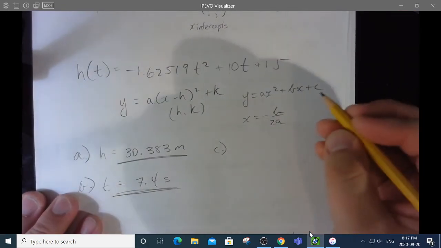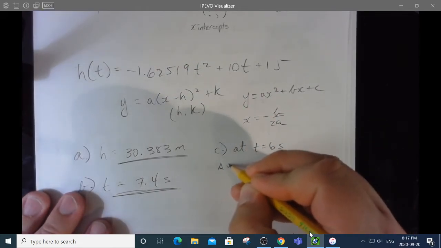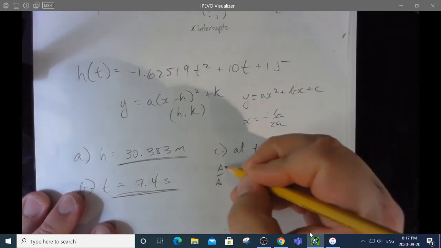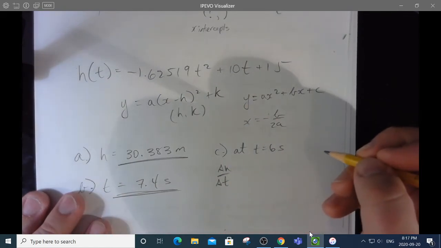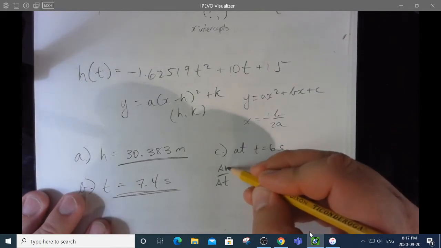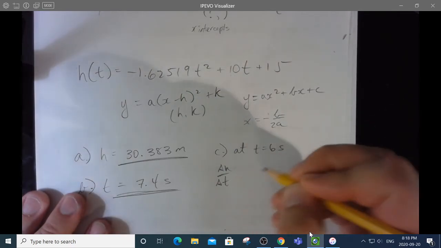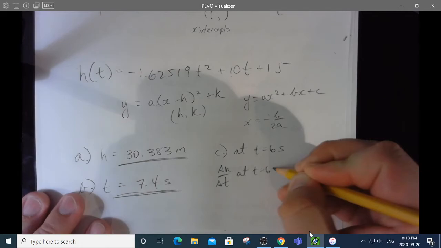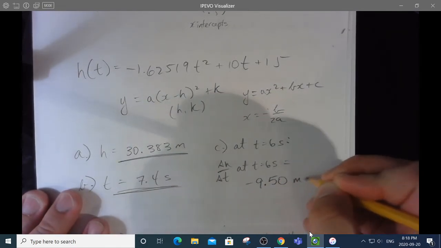My C answer is that at t equals 6 seconds, delta h over delta t, which would be the actual slope of the line h of t, which also is change in position over change in time, which is speed or velocity, at t equals 6 seconds equals, what did we say? Negative 9.50 meters per second.